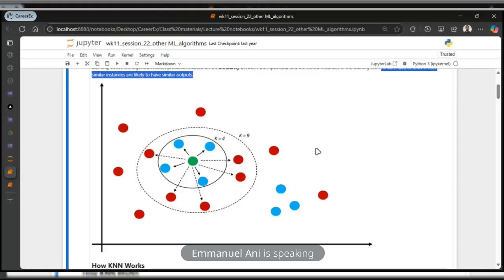When you represent the classes of your data set, in this case it is a two-dimensional data set where you have just two features. That's why you have it like this.